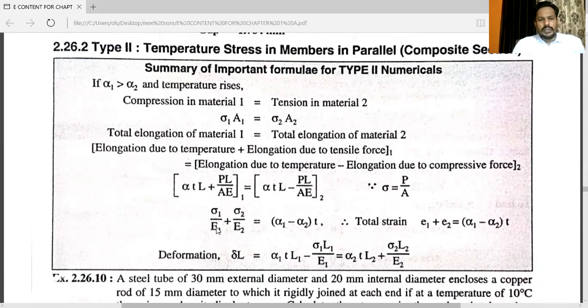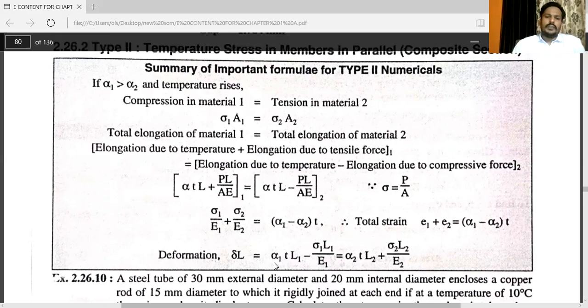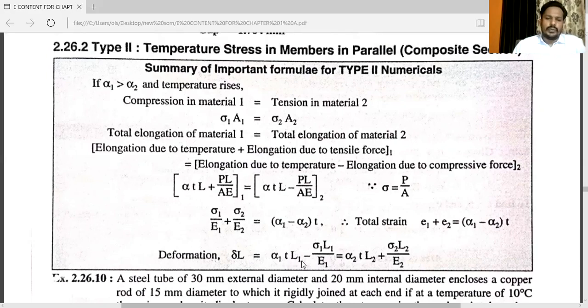Strain in first material plus strain in second material is equal to alpha 1 minus alpha 2 into T. That is total strain, that is E1 plus E2 is equal to alpha 1 minus alpha 2 into T. Here you can see the deformation: alpha 1 into T into L1 minus sigma 1 into L1 upon E1.